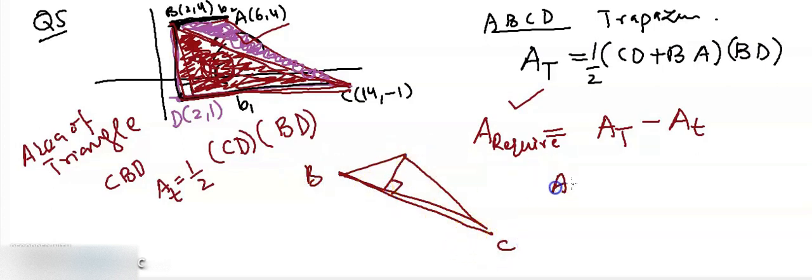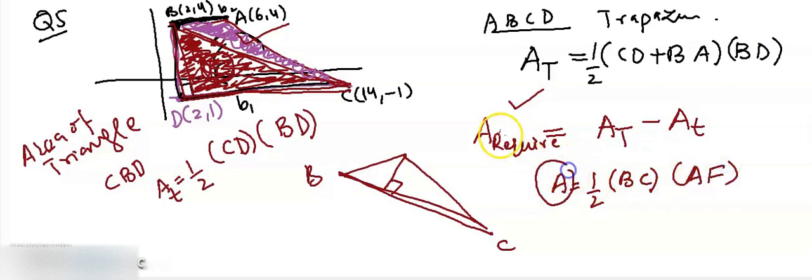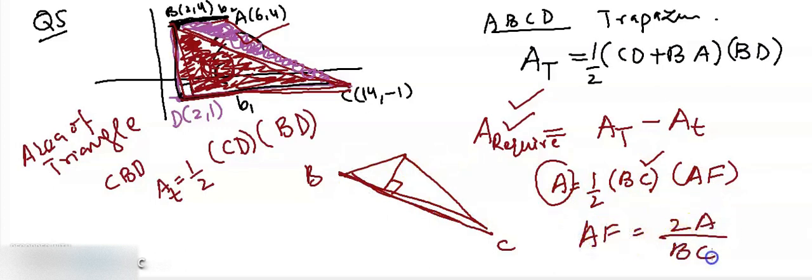So area will be equal to 1/2 times base BC, which you will calculate, times height, which is going to be AF. You just put in the value that you calculated here, and BC is found by the distance formula between two points. Then AF is going to be 2 times the area divided by BC.